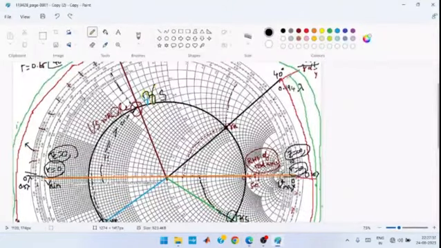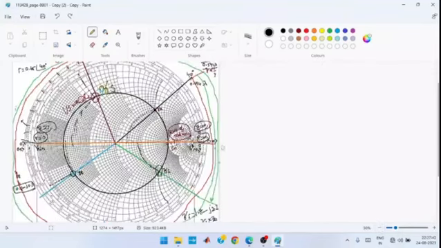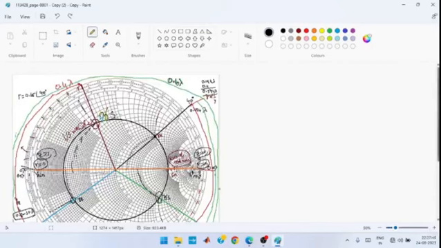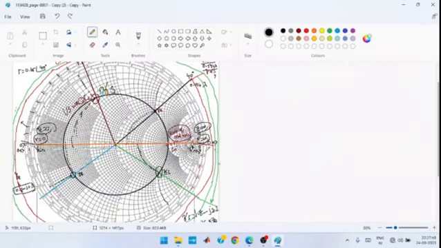See here, from this point, this green color, for reaching 0.6 lambda, how many times are we crossing V max and how many times are we crossing V min? Any guesses? Yes, obviously two times it crosses V max and one time it crosses V min.